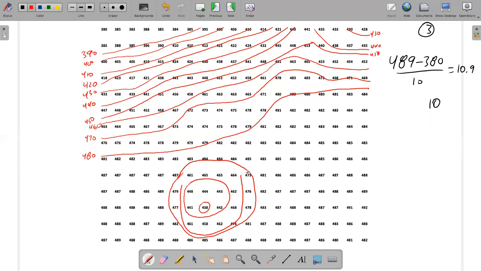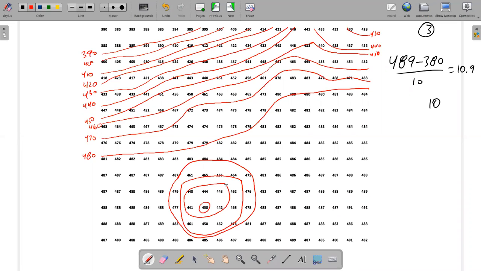Less than 460 is like this. Yeah, something like that. So this line for 440, 450, 460, 470. There could be a 480 in there too.